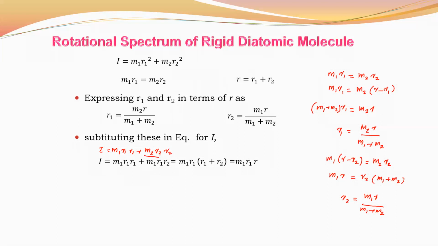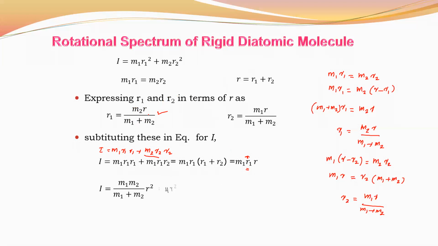But here m2 r2 is equal to m1 r1. So we write m1 r1 into r2. Then we take m1 r1 common: m1 r1 into r1 plus r2. Then what is r1 plus r2? r1 plus r2 is equal to r. Then we write m1 r1 into r. Then we substitute for r1, where r1 is equal to m2 r divided by m1 plus m2.